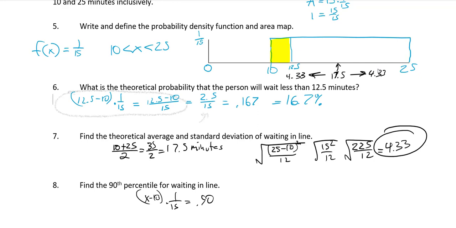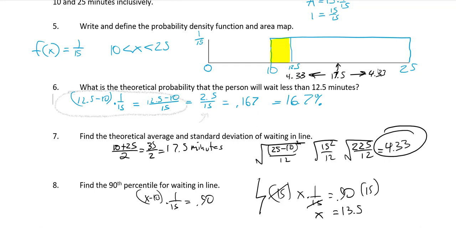Let me show you an alternate reality way that people solve this problem without putting the x minus 10 in parentheses. They would go x times 1/15 equals 0.90, and then multiply both sides by 15, just like we did in the previous problem. That simplifies to x is equal to 13.5.